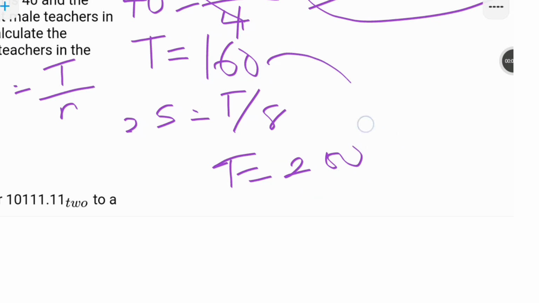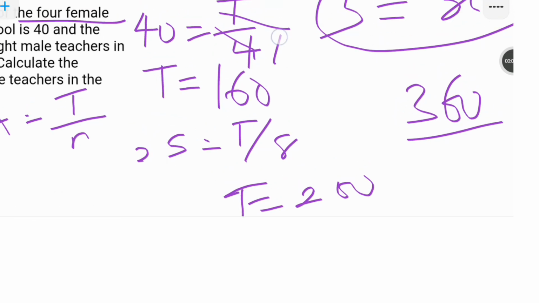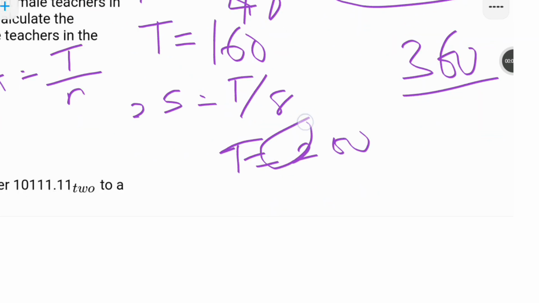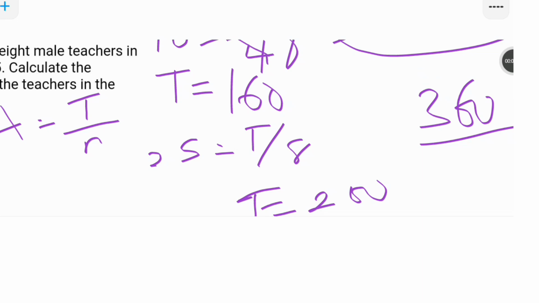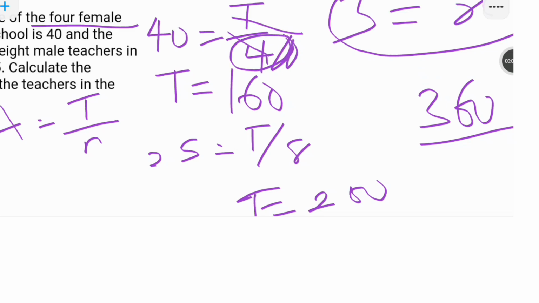If you add the 2 of them in total, you're going to get 360. So total ages of all the teachers, both male and female, is 360. But how many are they? There are 4 female teachers and 8 male teachers. So their total is 12.